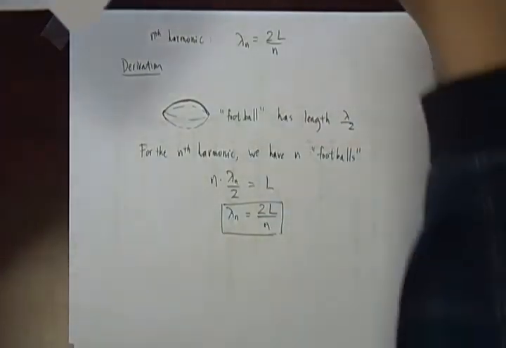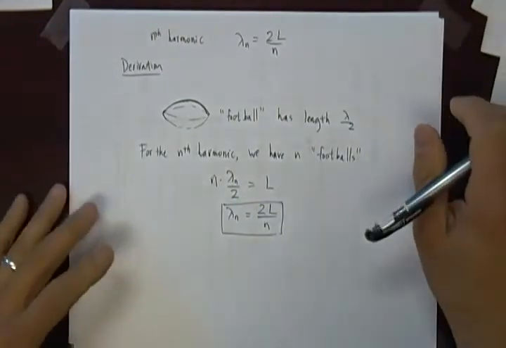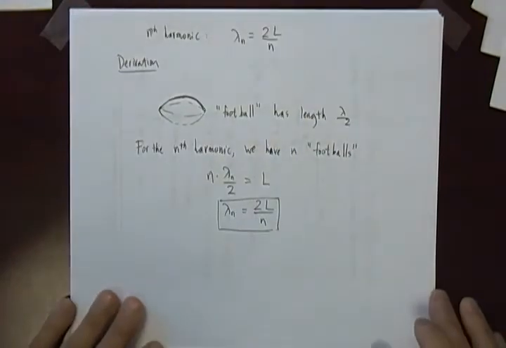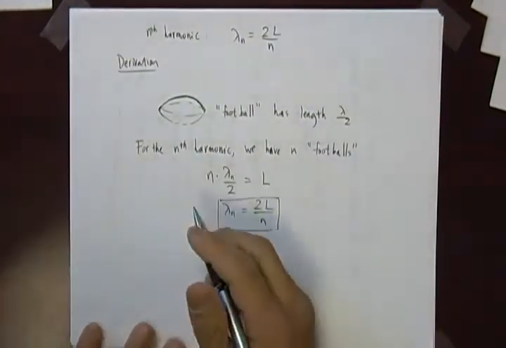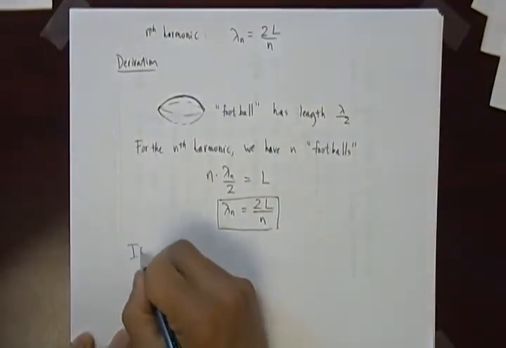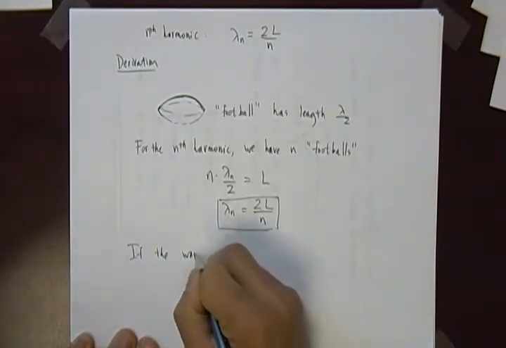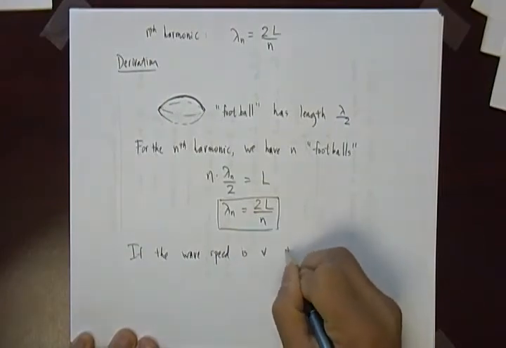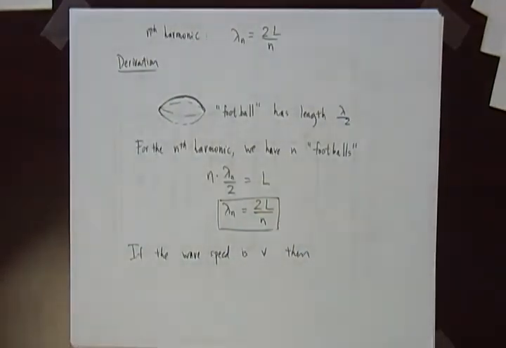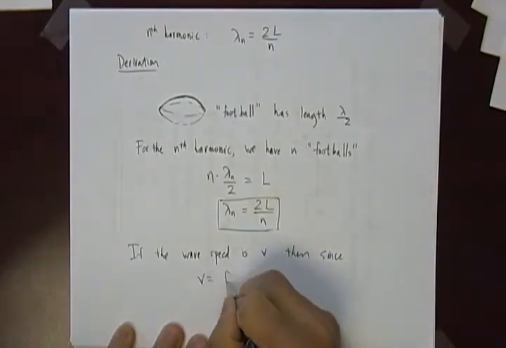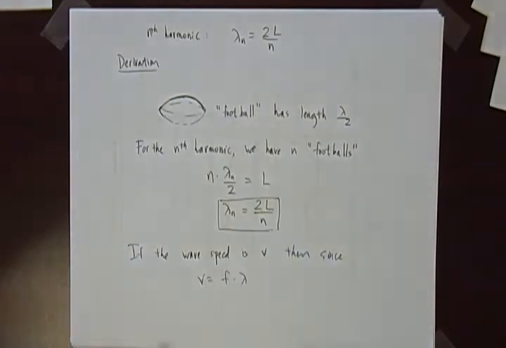Alright, now we can go a little bit further with this. First of all, let's review a little bit about the wave speed. So we're still talking about these waves on a string. If the wave speed is v, then we know, since v is equal to the frequency times lambda, right?